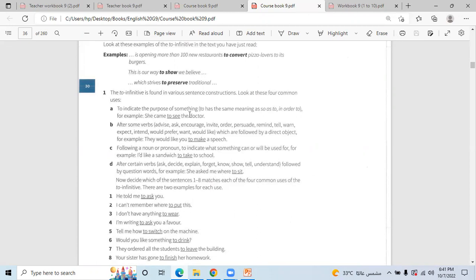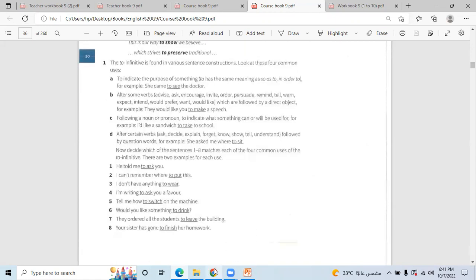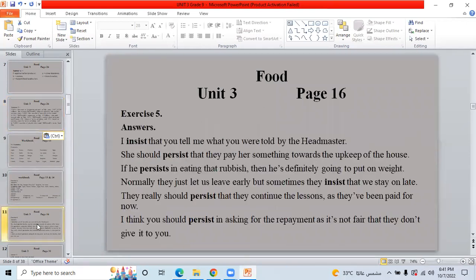All right, you can see here question number 1. Now decide which of the sentences from 1 to 8 show each of the 4 common uses of the to infinitive. There are 2 examples for each use. All right, so let me show you the answer of this question.